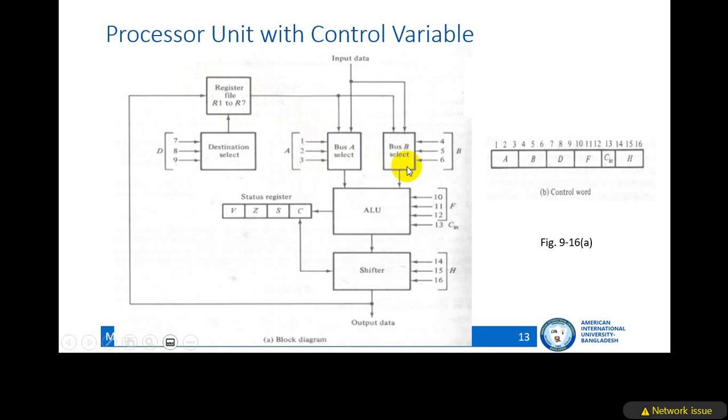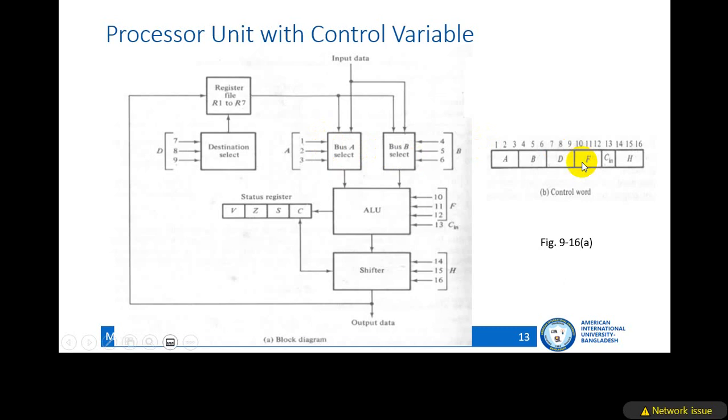Similar way, bus B select multiplexer has 3 selection pins, 4, 5, 6. By using these 3 selection pins, you can select 1 out of 7 registers from here. For every multiplexer, you have separate selection pins. Why? Because control unit needs to distinguish the selection pins from each other.